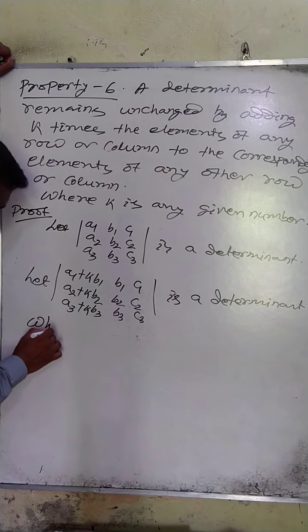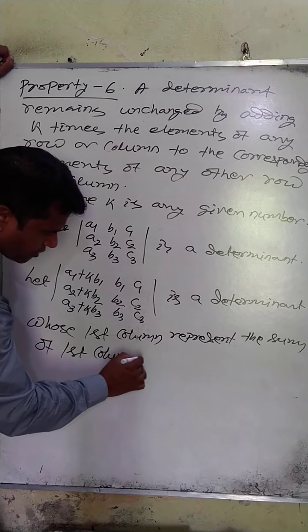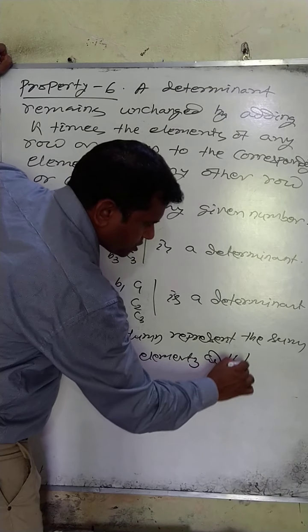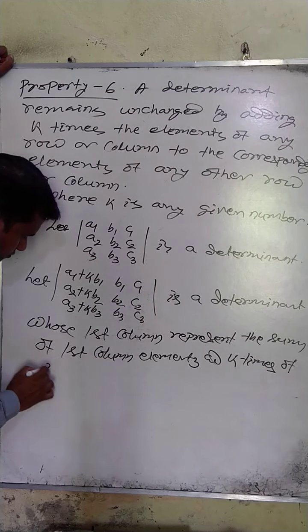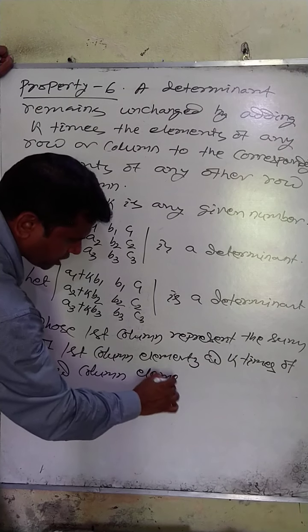Here the first column represents the sum of first column elements and k times of second column elements.